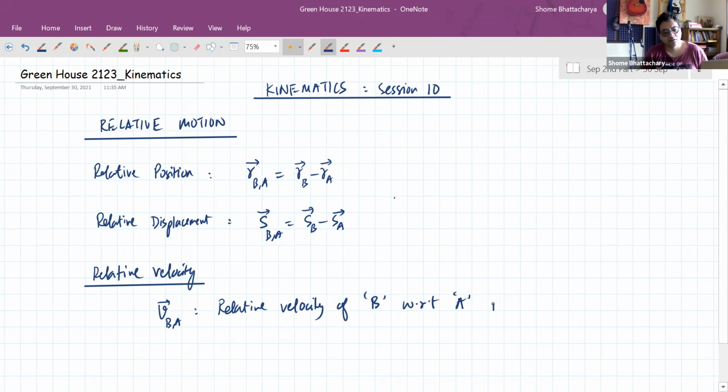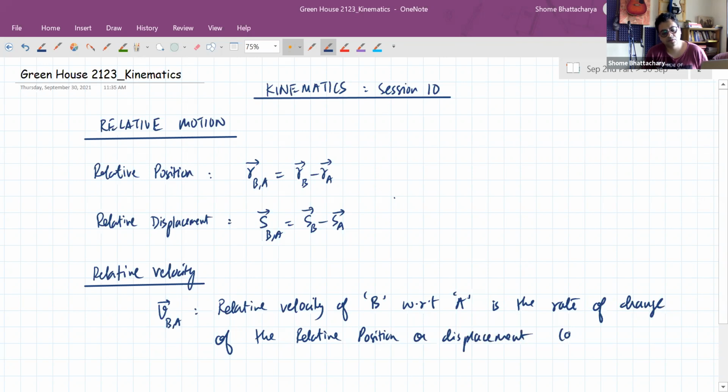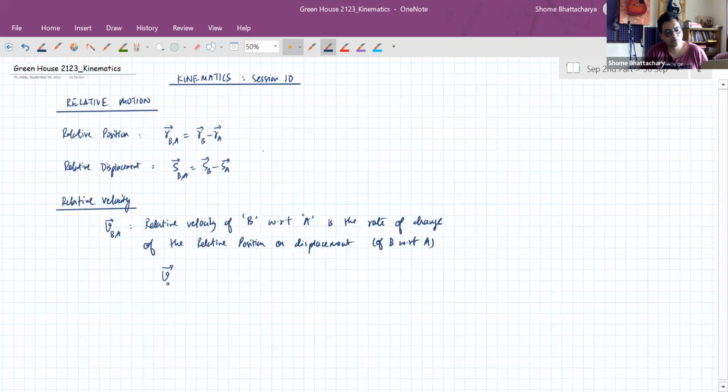It is the rate of change of the relative position or displacement of B with respect to A. So the definition of this quantity becomes that this equals the instantaneous rate of change, or differentiation with respect to time, of either the relative position or the relative displacement.